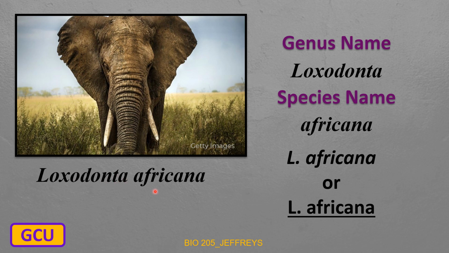And of course, africana means that this animal inhabits the continent of Africa. So genus name is Loxodonta. Species name is africana. If you want to abbreviate, L. africana, this is in italics, or L. africana, the whole thing is underlined.